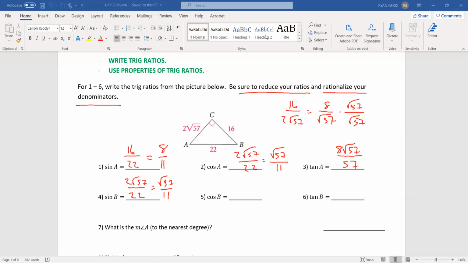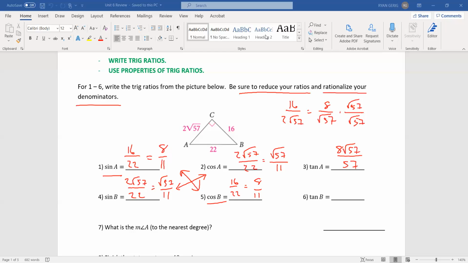That should look familiar because we had that for the cosine of A. And there's, I wouldn't say a theorem, but basically the cosine of an angle is equal to the sine of the other acute angle in a right triangle. You can see that when I do cosine of B. So the cosine of B is the adjacent, so 16 over the hypotenuse, which is 22, reduces to 8 over 11. These two are the same. So the cosine of an angle is equal to the sine of the other acute angle in a right triangle.